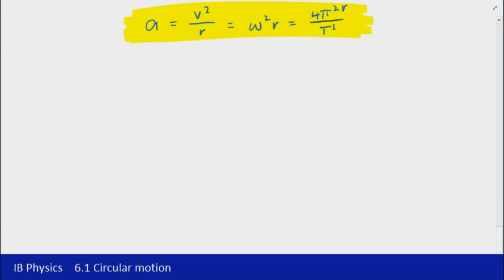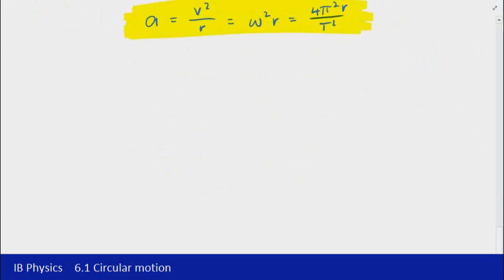One more thing to look at in this video: we've already identified that we're going to look at the force that's involved.